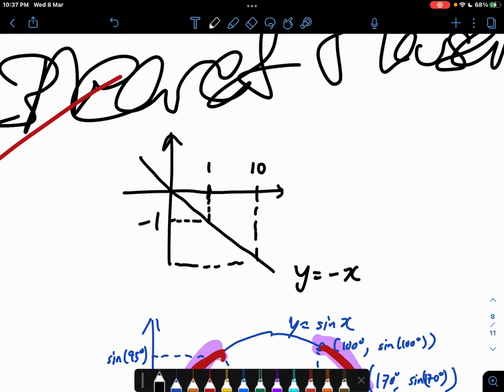Sub x equal to 10, you get -10. So look, 1 is less than 10. Multiply by -1 on both sides, -1, -10. What happens to your direction of inequality? Flip, right? Is it convincing now with the graph? -1 is on top, -10 is below.